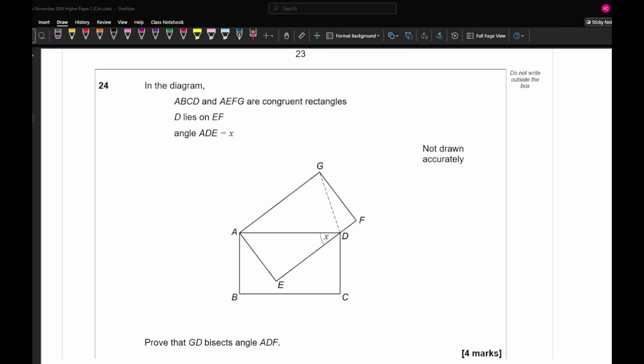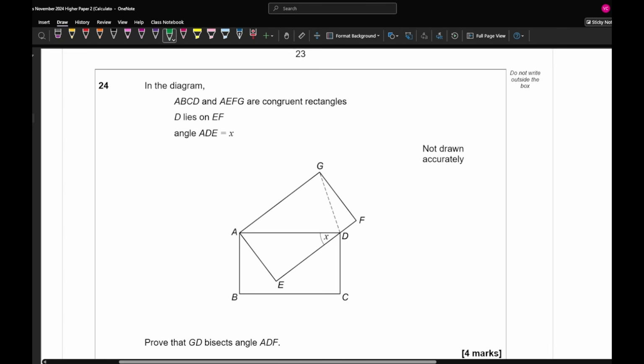So now let's have a look at our last question. It says, in the diagram, A, B, C, D and A, E, F, G are congruent rectangles. D lies on EF and angle ADE is equal to X, and we want to prove that GD bisects the angle BDF.